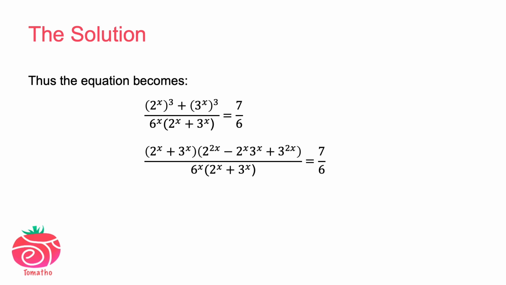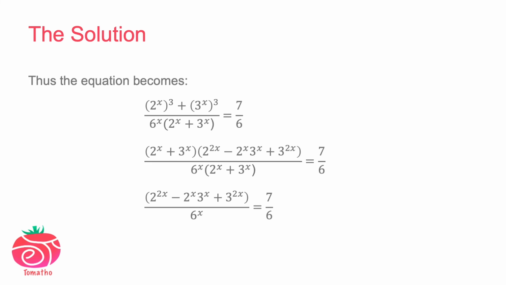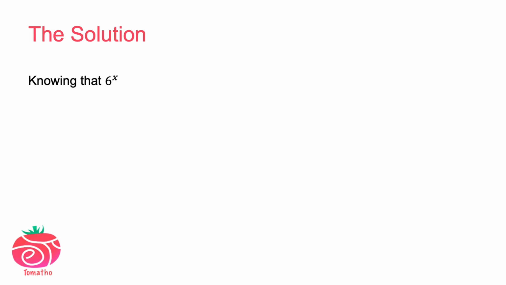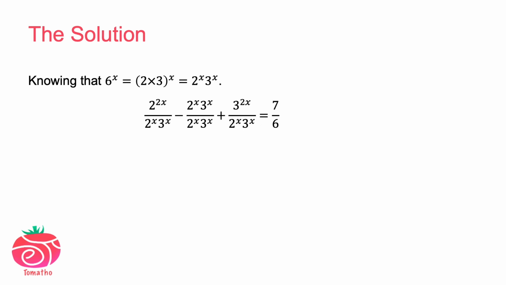Next, we further break down the fraction. Knowing that 6 to the power of x is equal to 2 to the power of x times 3 to the power of x, we separate each of the fractions as follows. So we can break down the fraction as follows. Then we can simplify it.